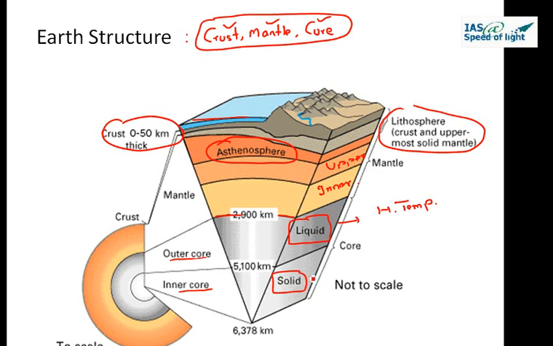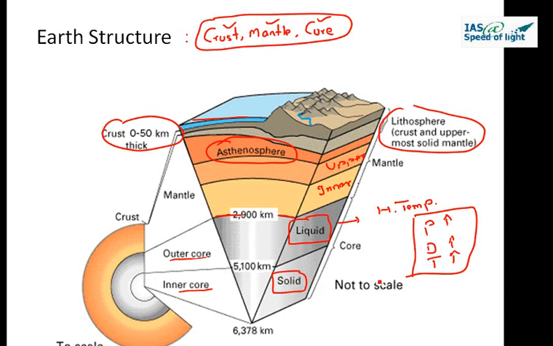But then why is the inner core solid? Because we remember three basic things: the pressure, the density, and the temperature will keep on increasing as we move inside the earth. Pressure, density, and temperature, these three things will increase as we go inside the earth. So temperature will be much higher in the inner core, but still it's solid. It is made up of solid metal elements.